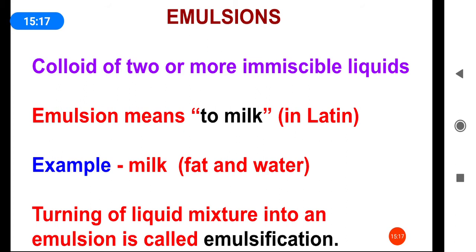Emulsions. Emulsions basically consist of a dispersion of two liquids that are immiscible with each other. Immiscible means they do not mix together. In Latin, emulsion means to milk.